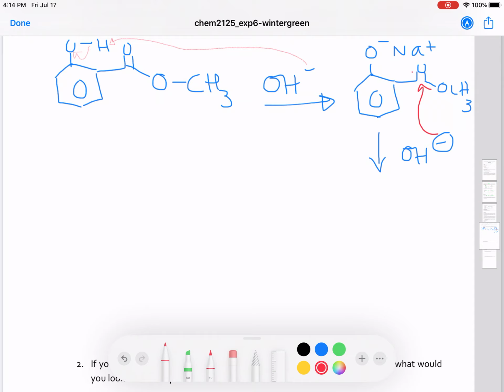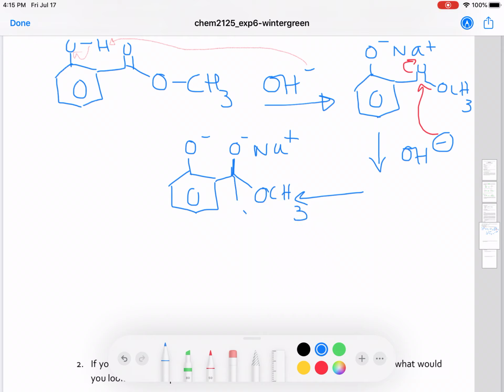So the pi bond breaks and you will get this product, with O minus Na plus, OCH3 and then the OH group. The counter ion sodium will be here.